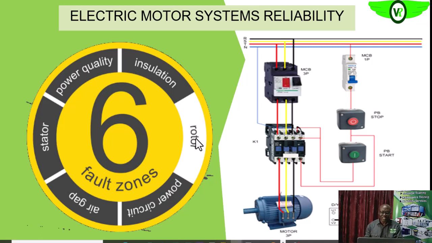Then the power circuit itself. When we say the power circuit, what we are actually talking about is the input feeder line, everything on the feeder line to the motor winding. So all of this forms the power circuit: the feeder line, the components of the feeder line, circuit breaker, contactors.